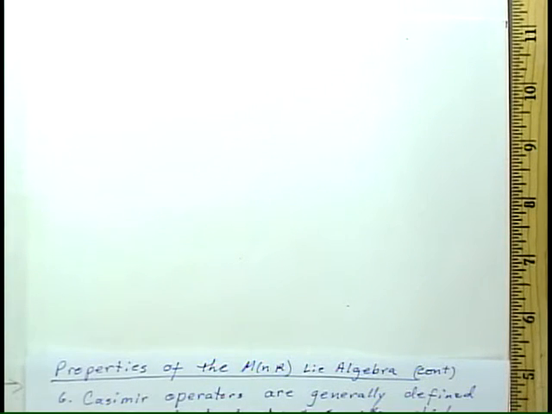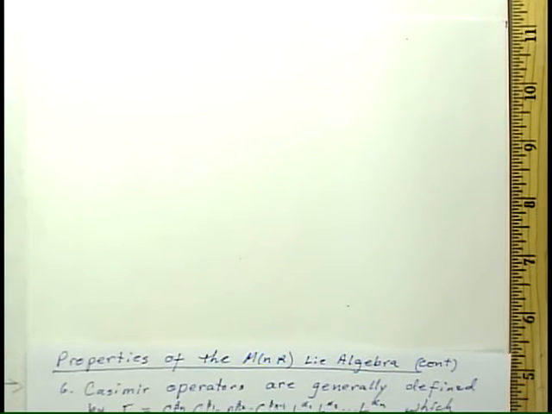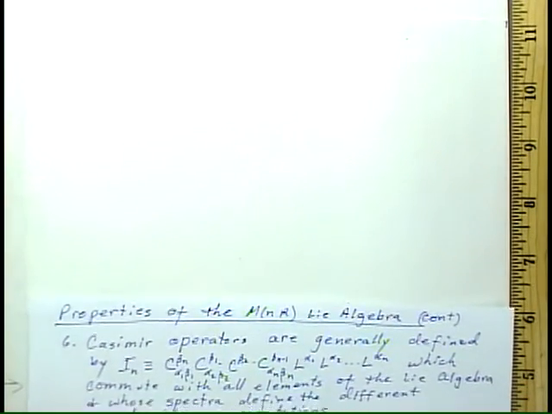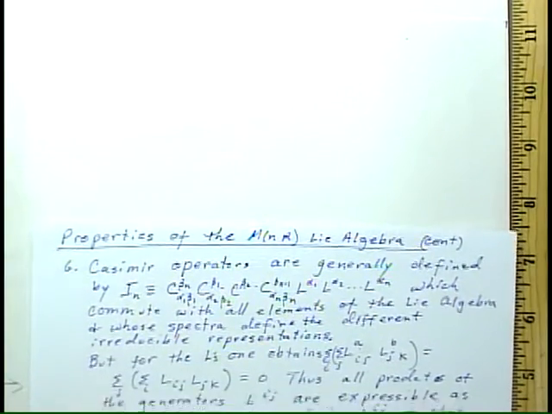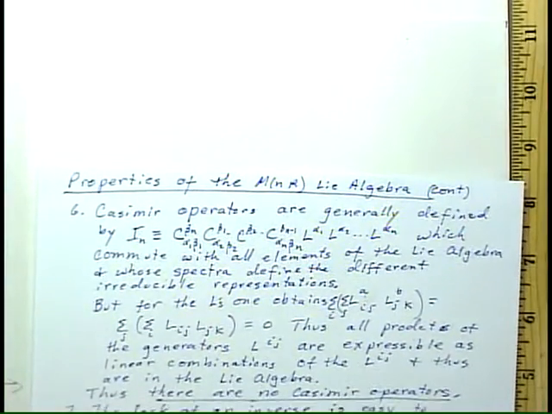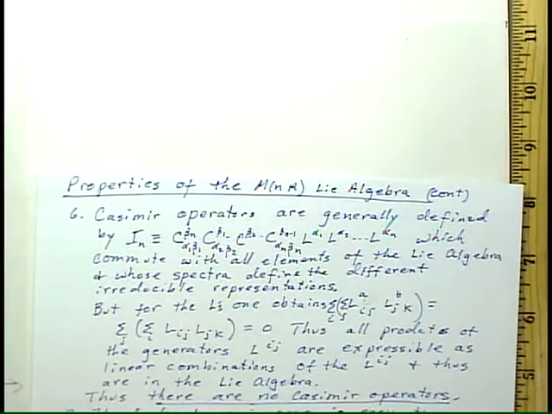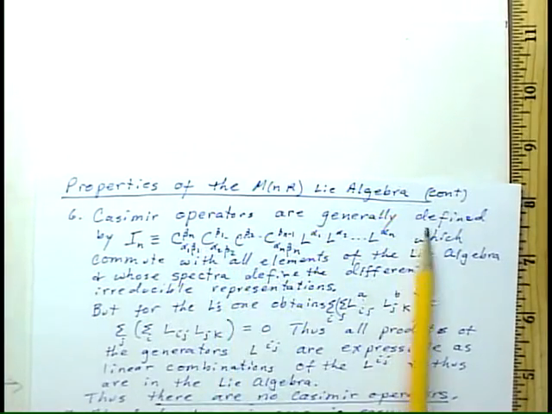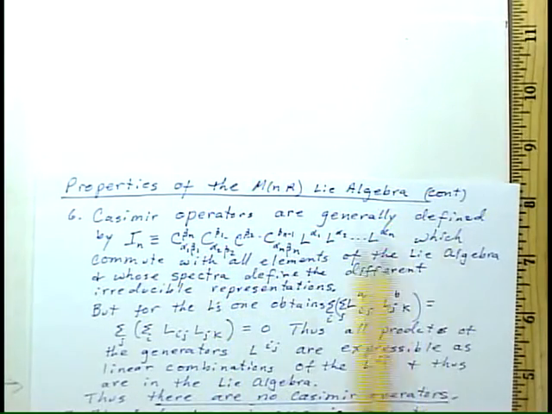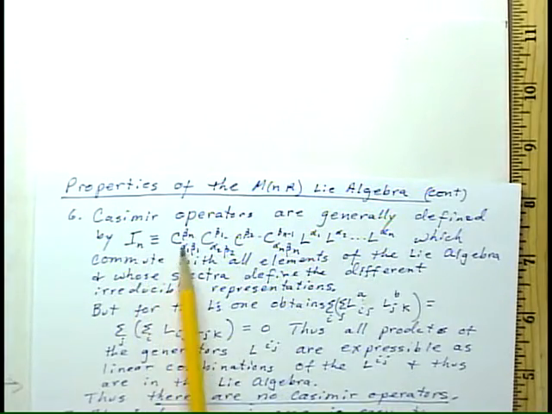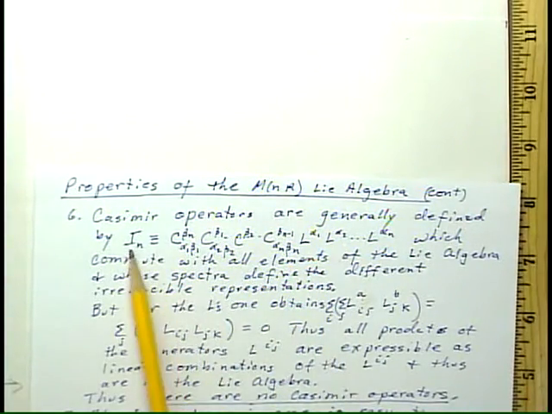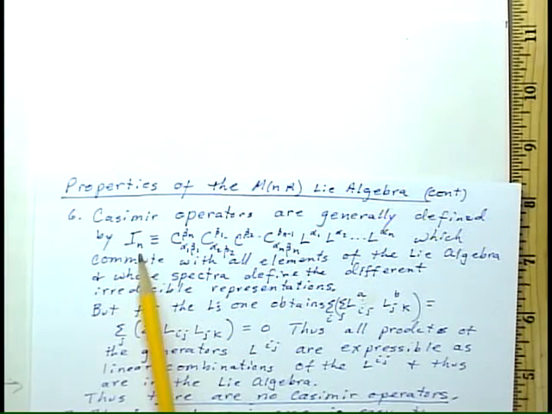Continuing with more properties of the Markov type Lie algebra, we next want to look at the Casimir operators. It turns out that the Casimir operators are generally defined in the Lie algebra by the following expression. We've written an I over here to mean we have an invariant of order n.